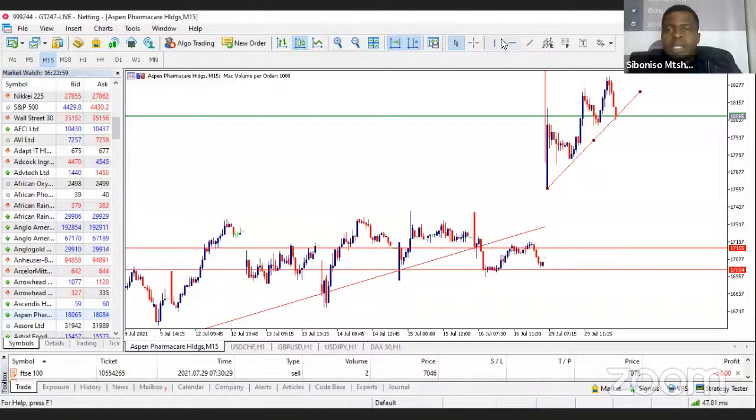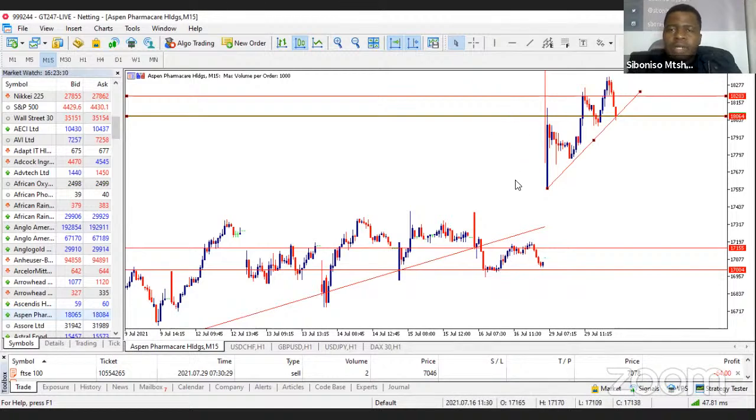So that's another analysis for these levels. And then tomorrow we will see as the market reopens.